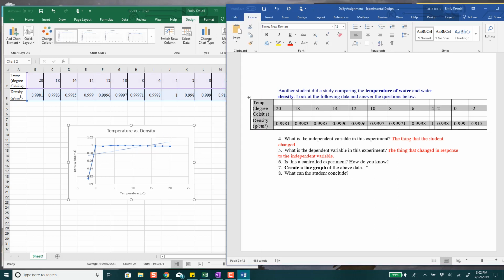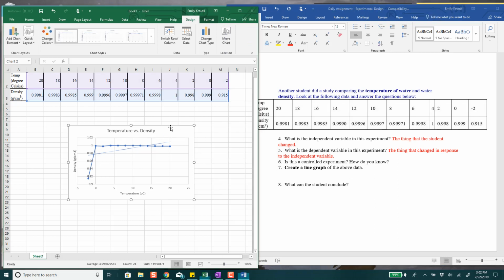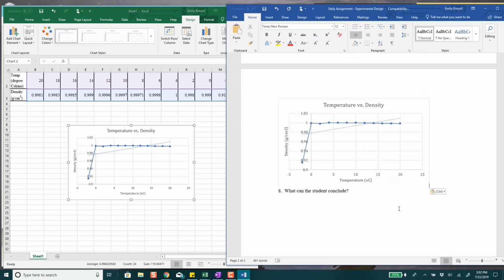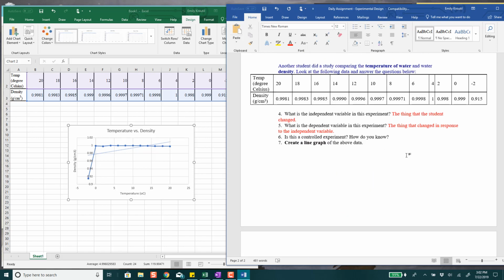Okay, and then to put your graph in your lab, you can just take this right here and copy it, and then paste it, and it'll paste right in. Okay, and then you want to discuss what the student can conclude about temperature. Does temperature affect the density at all?